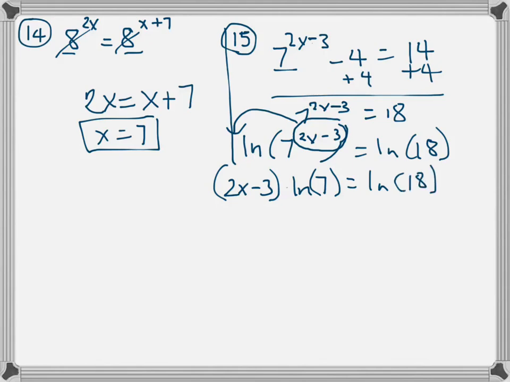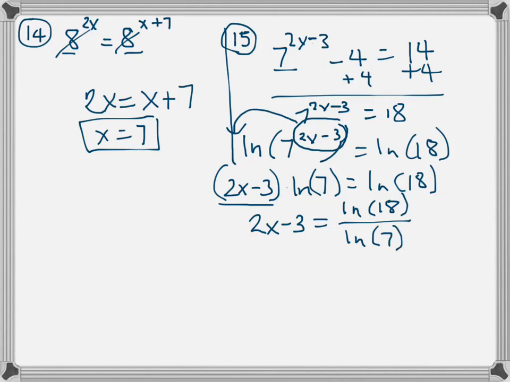Now let's see. This natural log of 7, what is it doing to this set of parentheses here? It's multiplying. Why don't we just divide that right over to the other side? And I'm going to have 2x minus 3 is equal to the natural log of 18 divided by the natural log of 7. There we go.